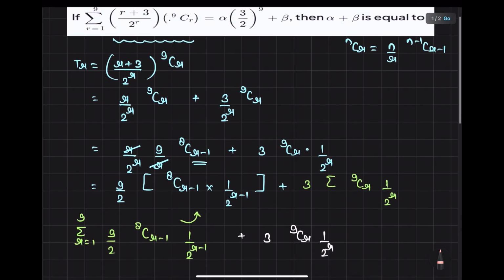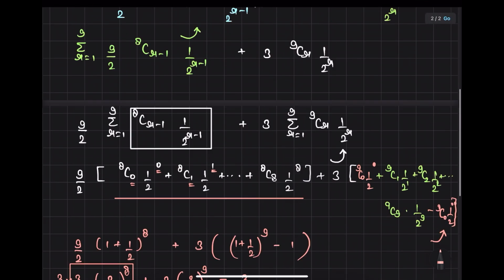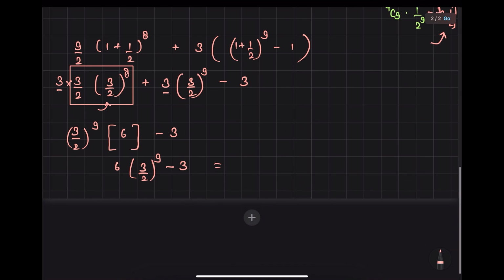But according to them, the answer is alpha into 3 by 2 power 9 plus beta. Therefore, alpha is equal to what? The coefficient of 3 by 2 power 9, that is 6. And beta, who is beta? Beta is minus 3.